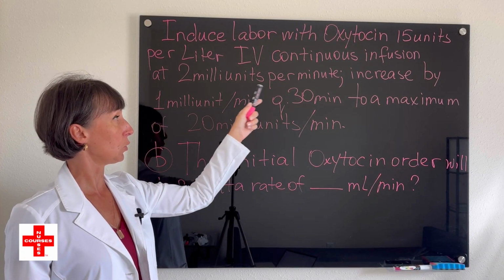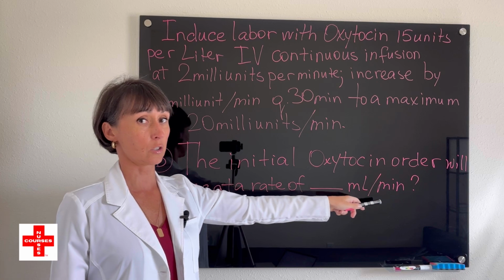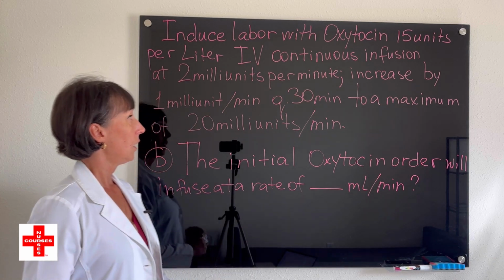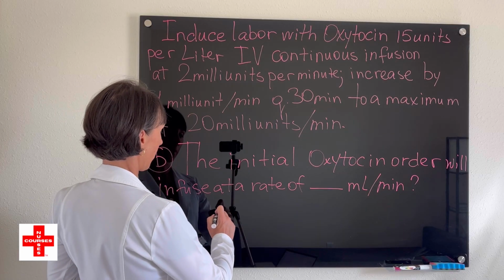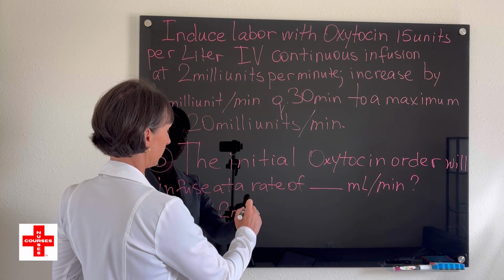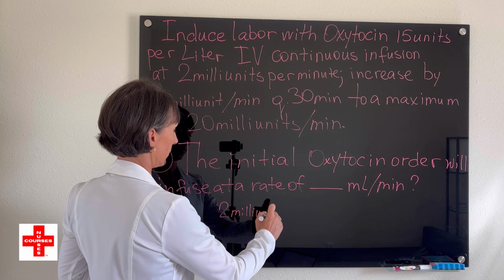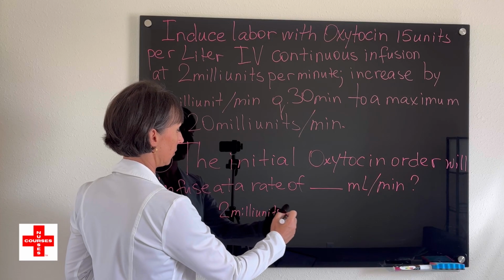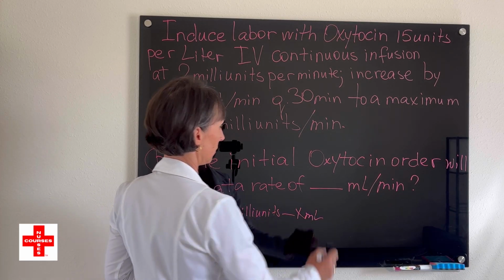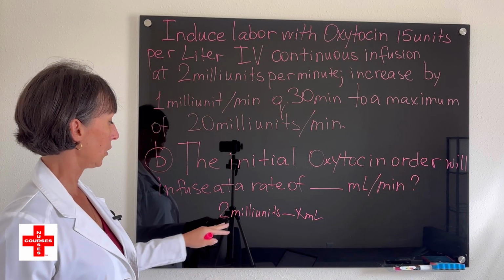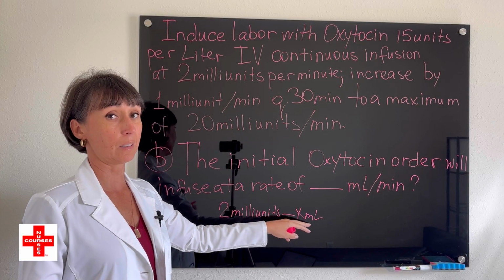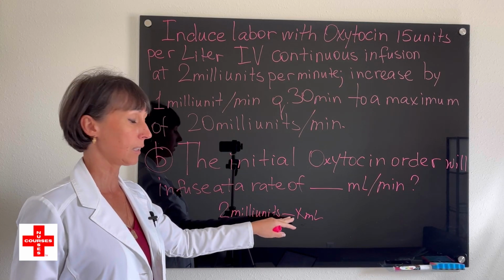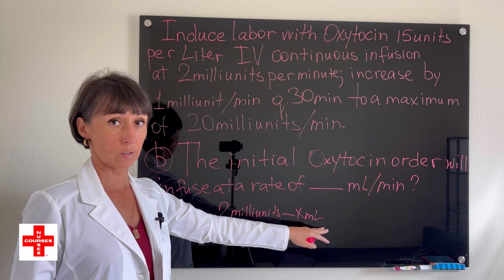It's given in milliunits per minute, and we need to go to milliliters per minute. We're going to write it down using the DKP method, just what we need to find out. 2 milliunits that are going per minute. We need to find how many milliliters that is. 2 milliunits is X milliliters.